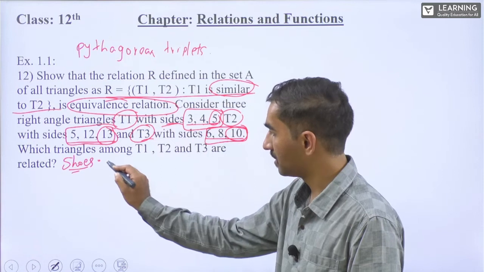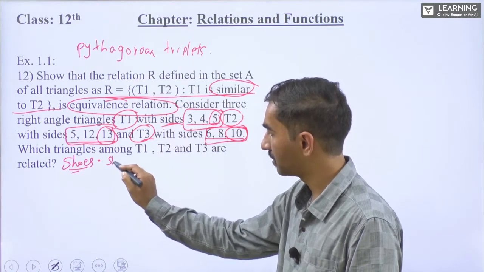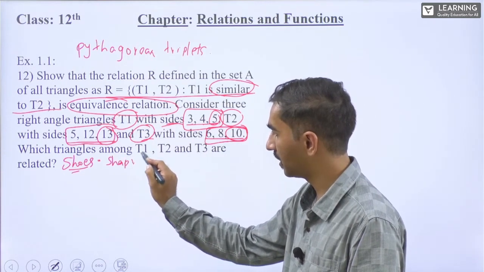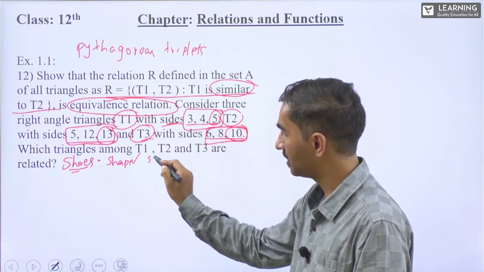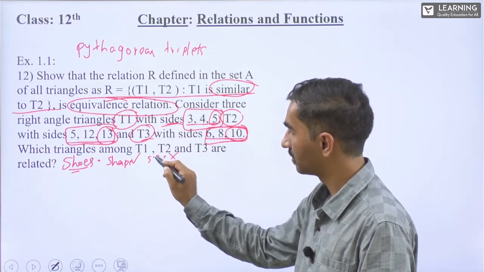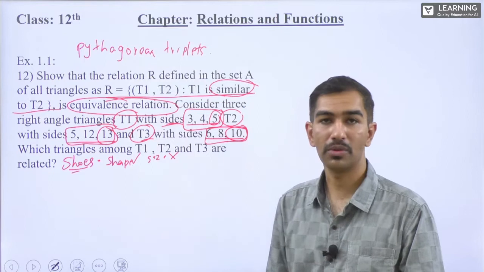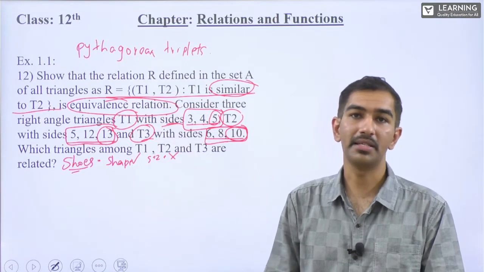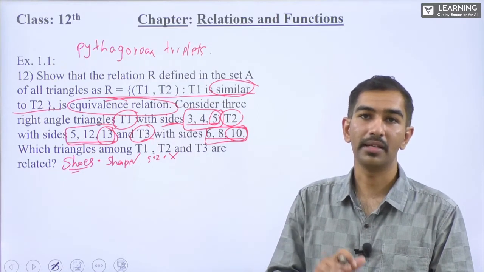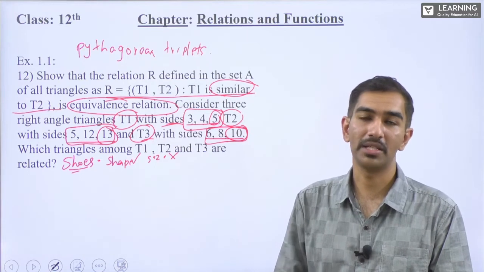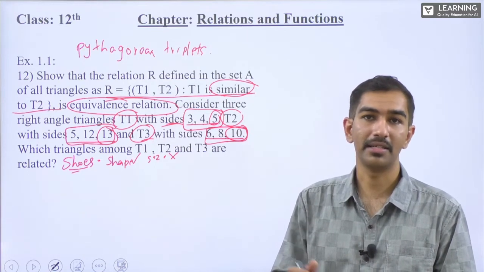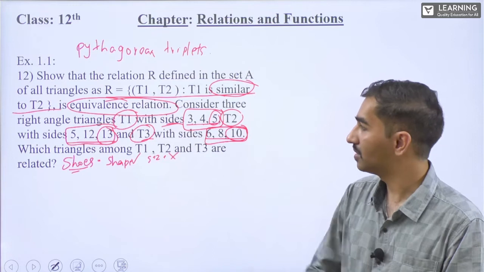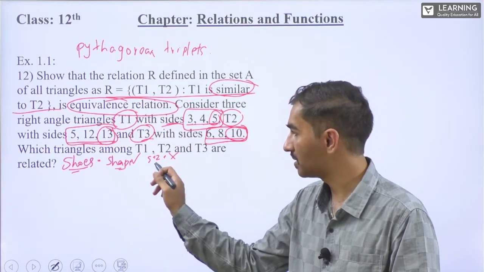Similar actually means it has the same shape. Shape tick mark, but size cross mark. The school shoe shape is the same, students, but size is differing, right? It will differ from one kid to another kid. For example, one child's size is 8, another child's size is 9. So this is called similarity. Shape is the same, size is not.